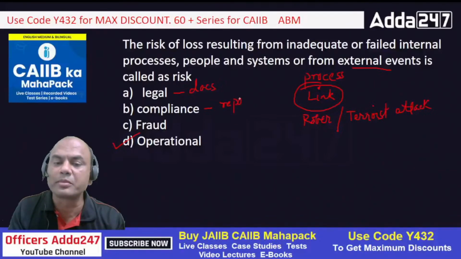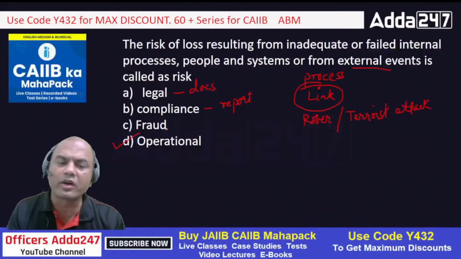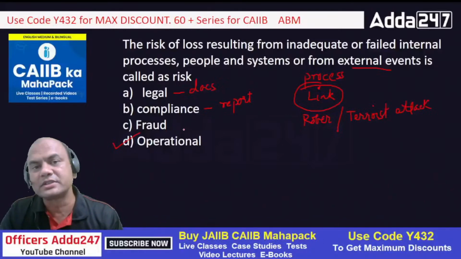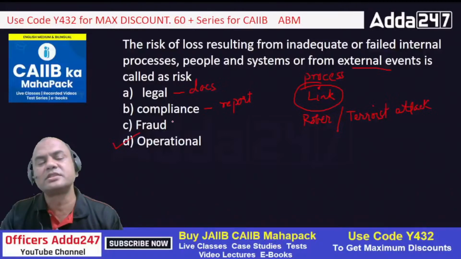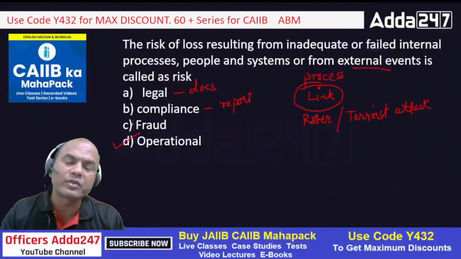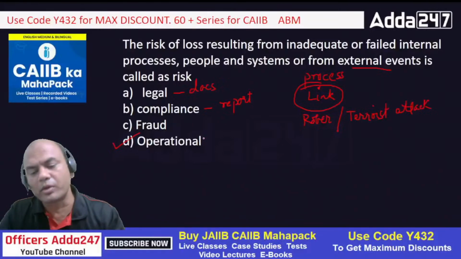Reporting is the problem over here. Okay. Fraud means employee problem. Fraud is a type of operational risk only, because fraud happens due to the employee generally. It's not always. In 90% of cases, in any of the bank frauds, somebody from inside is involved. Okay, so that's why the fraud is a part of operational risk.